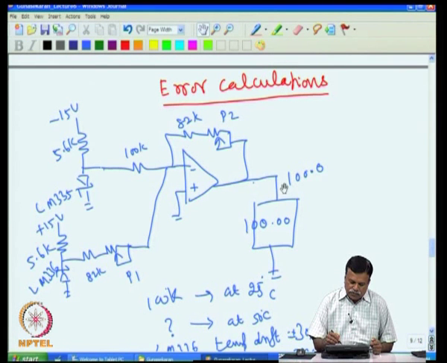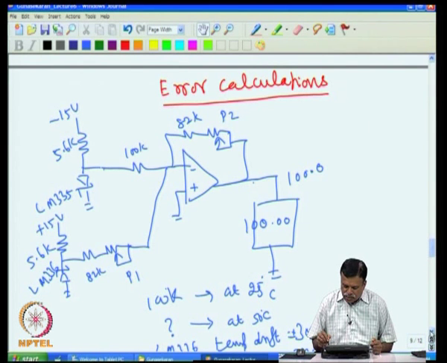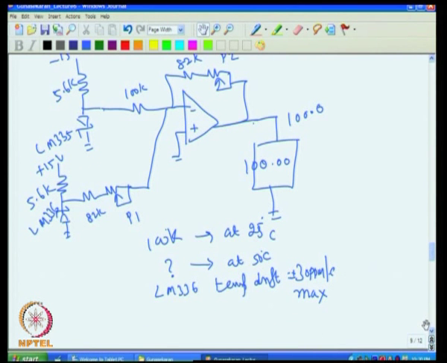This is what we discussed in the previous class, and we also said what the errors involved are. Now, this LM336 gives you a fixed 2.5 volt. It is supposed to give only 2.5 volt, and the voltage here should not vary with temperature, but the LM336 Zener voltage does vary with temperature, as we showed in the previous class. If you look at the data sheet, the temperature coefficient of the LM336 Zener is 30 ppm per degree C maximum.